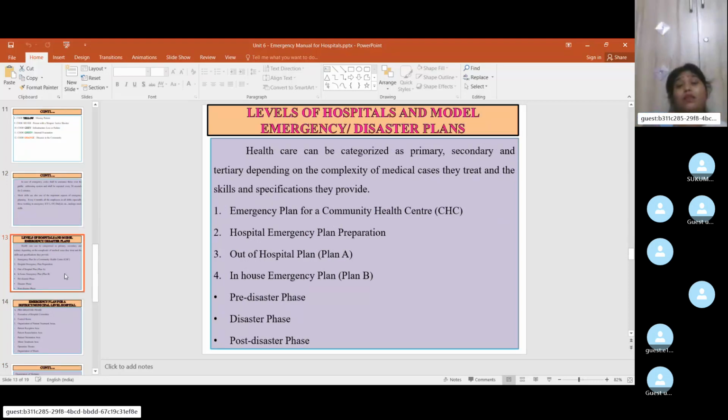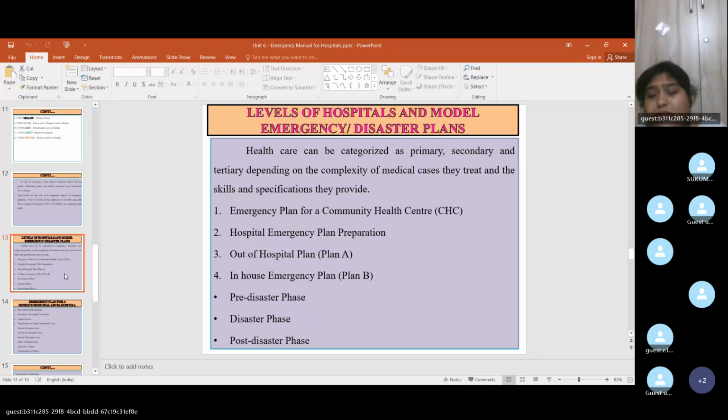Next are the levels of hospitals and the model emergency disaster plan. Healthcare can be categorized as primary, secondary, and tertiary depending on the complexity of medical cases they treat and the skills and specifications they provide. Everywhere in the medical field, any scenario is categorized into these three.